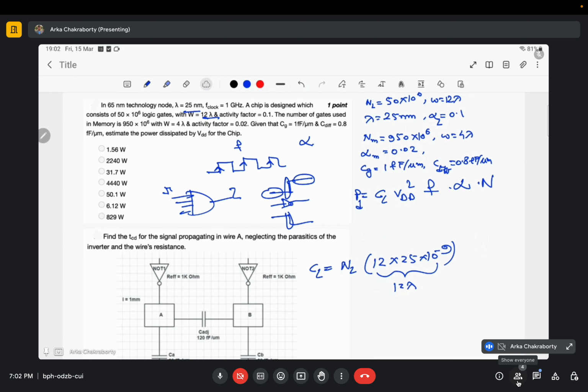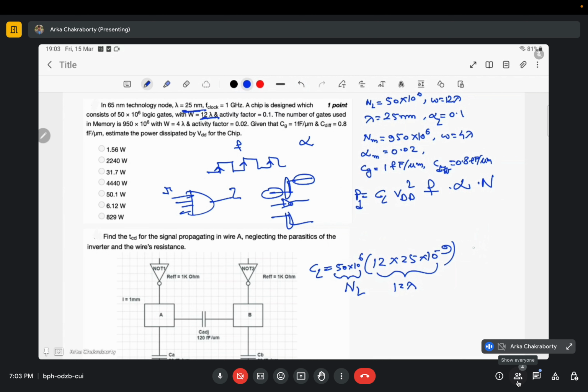NL is given as the number of logic gates, 50 into 10 to the power 6, into 12 lambda, which is 12 into 25 into 10 to the power minus 9.